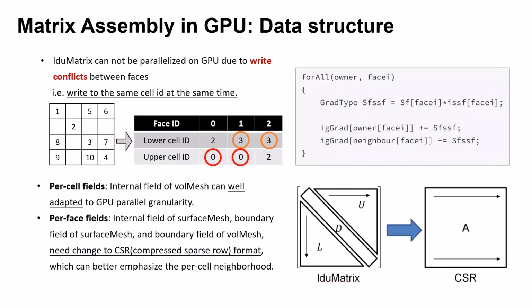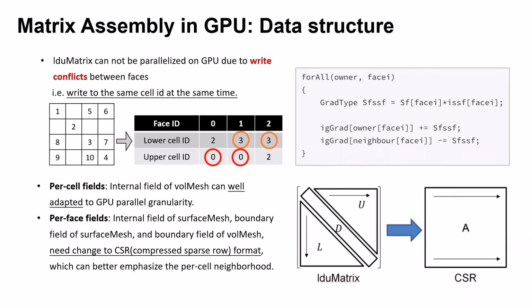Basically, these write conflicts arise because the loop is based on phase. If we change the loop to be over cells, each thread is still with a cell, and we will no longer meet the write conflicts.